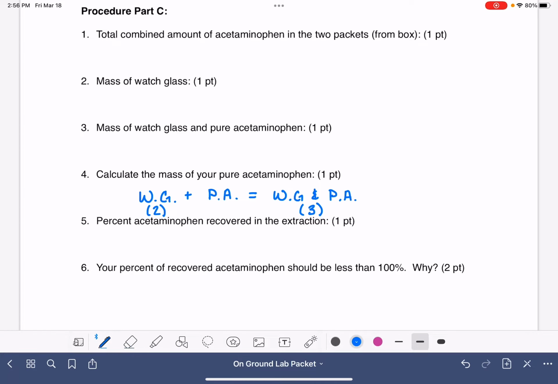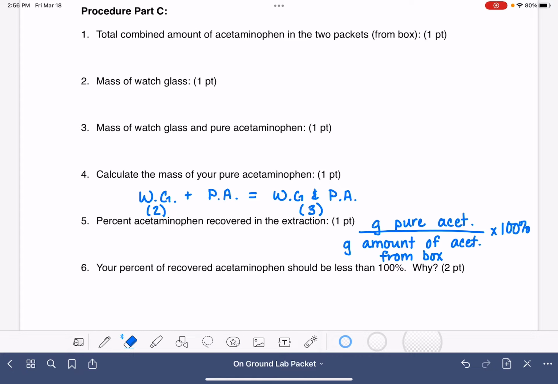So to calculate this, we're going to take the grams of the pure acetaminophen, I'm just going to call it ACET, and you are going to divide that by the amount in grams of acetaminophen from the box. And then to make it a percent, you're going to multiply it by 100.